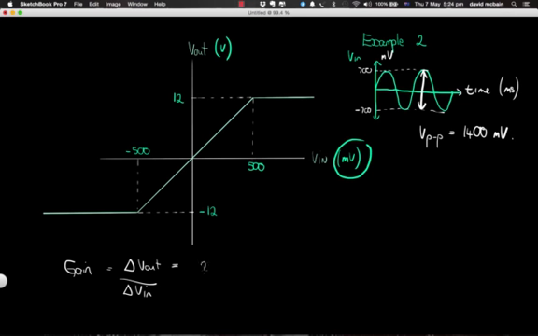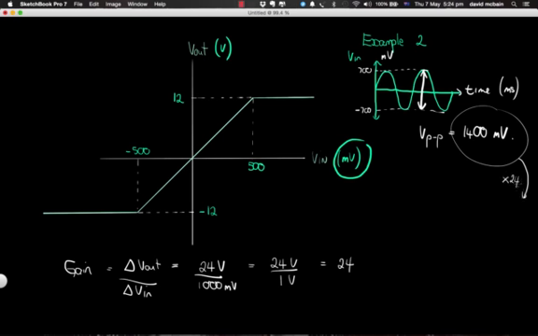So that's a change of 24 volts over a change of from 500 to negative 500, that's 1000 millivolts. So it's 24 volts over 1000 millivolts, which is the same as 24 volts divided by 1 volt, which is a gain of 24. Okay, so that tells us that the input peak-to-peak is going to be amplified by a factor of 24.